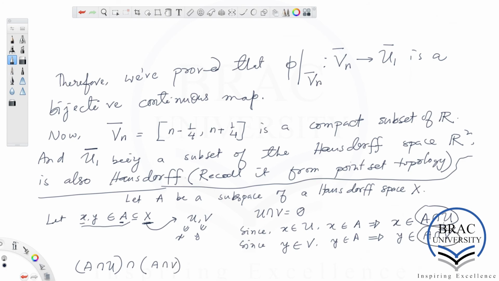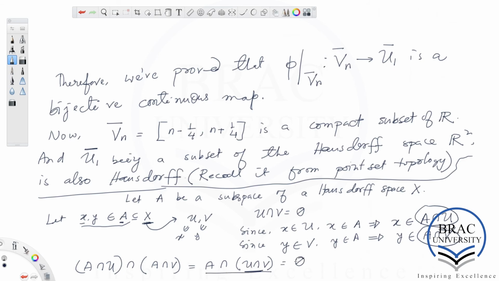By elementary set theory, it's going to be A intersected with U intersected with V, and since this is the null set, the intersection is going to be empty as well.